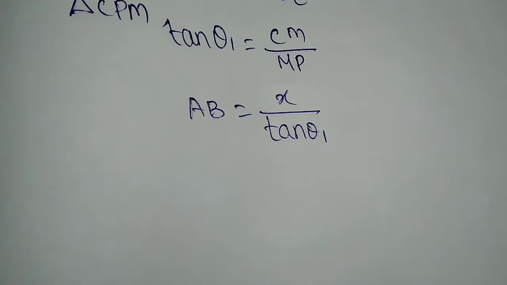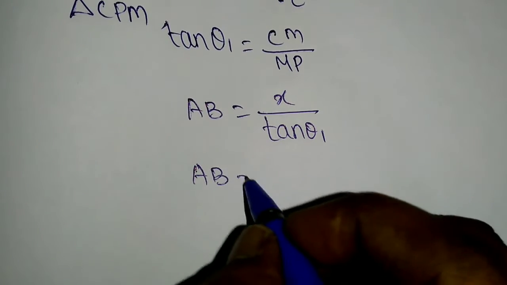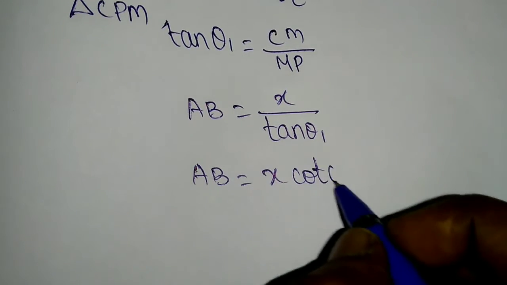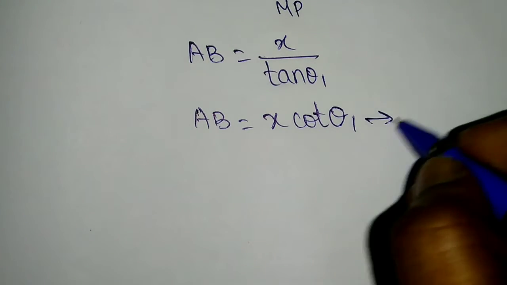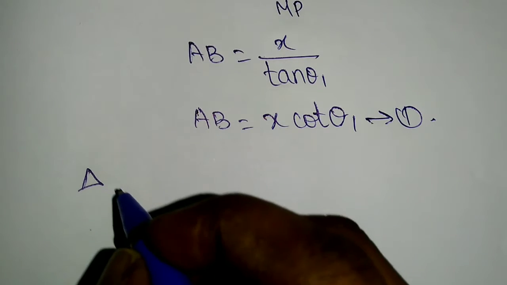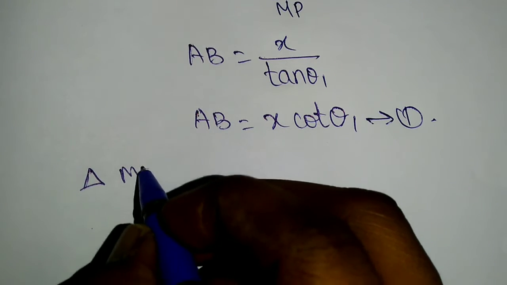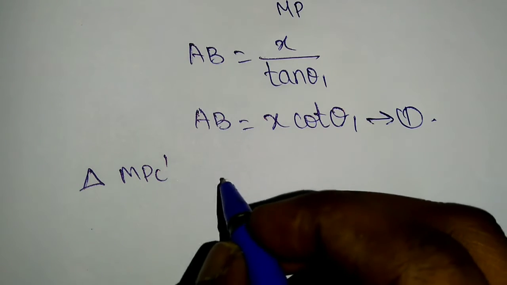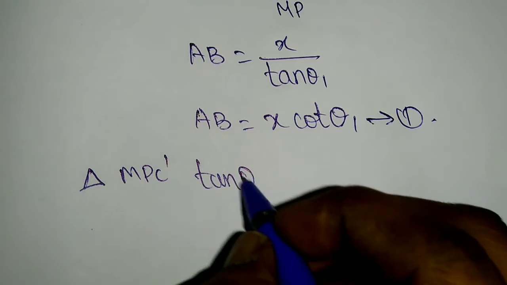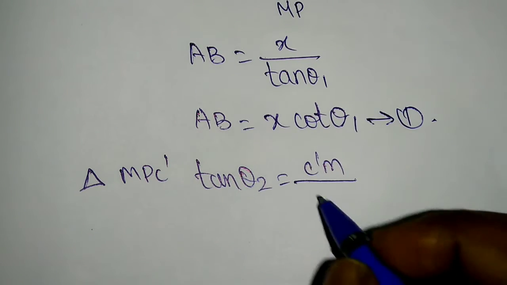1 by tan theta 1 is cot theta 1. So X into cot theta 1. Okay, now we have to find from the triangle MPC dash. Here tan theta 2 is equal to C dash M divided by PM.